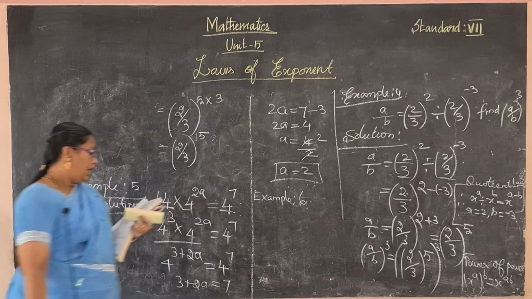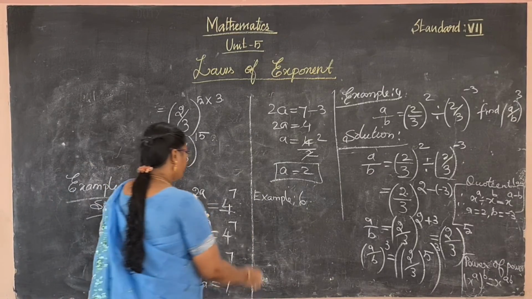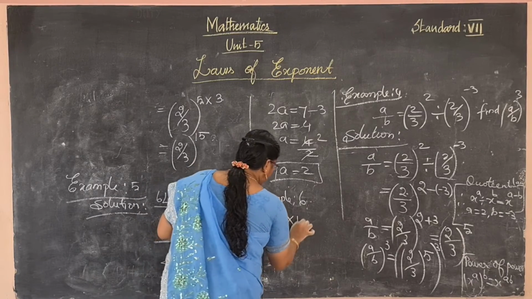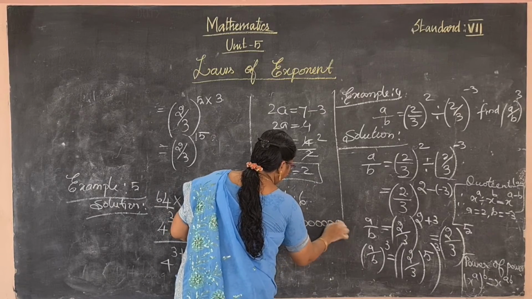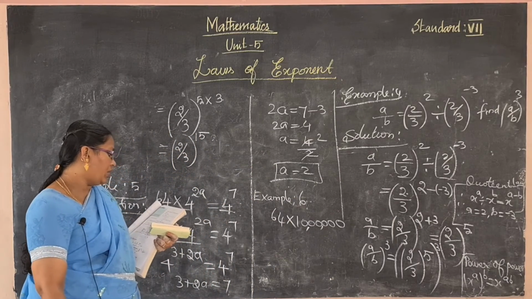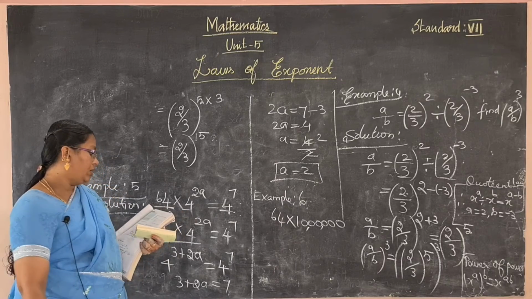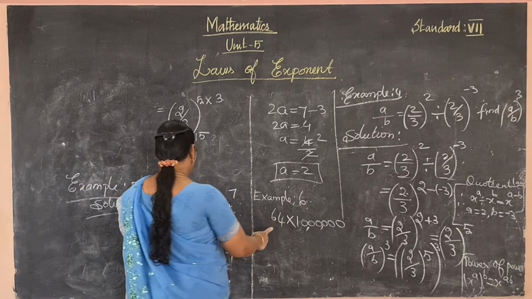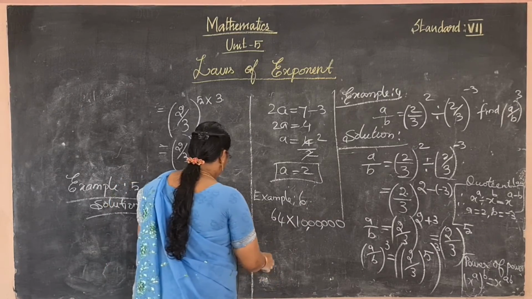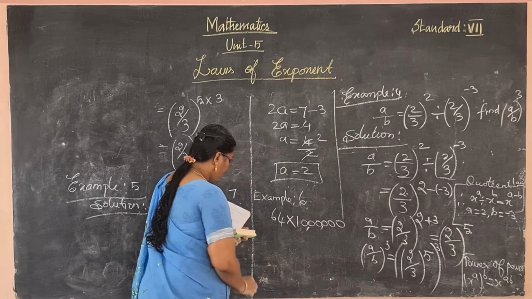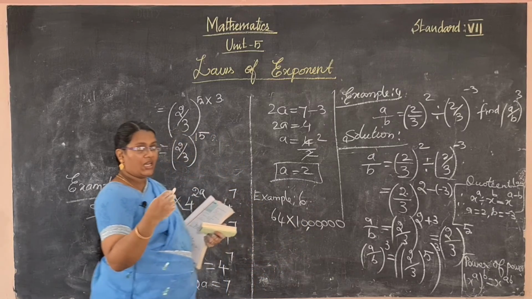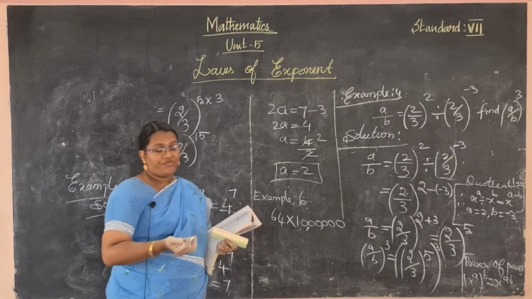Example 6. Express 64 into 10 lakh, that is 6 zeros, in the power notation. First, how can you write 64? Write it in the base 2, because we need either the bases or the powers to be equal before applying any of the laws.